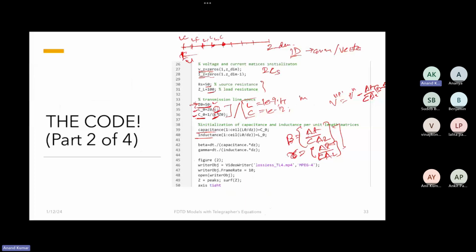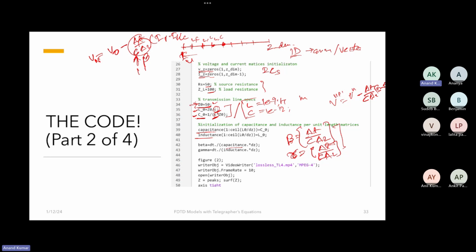Instead of using L and C inside the update equation, when you write the new voltage value in terms of the old voltage value, there is this delta T by C delta Z, and then you have the previous values of current. You can either put the C values at each point, or what I do is put this as some coefficient. For example, I've kept beta over here, and this beta is retaining that particular expression.